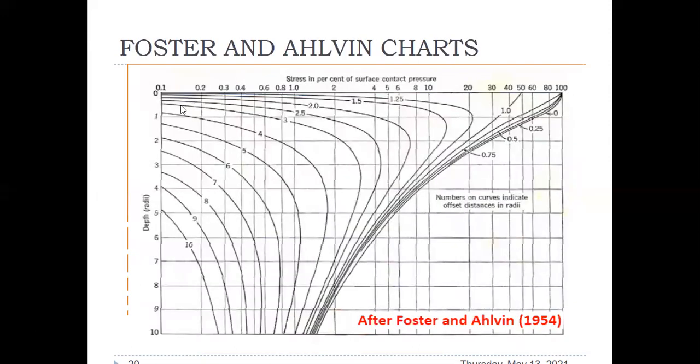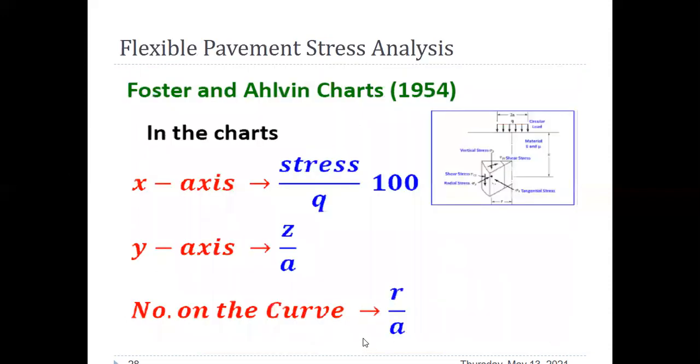This is how the chart for calculation of vertical stress is presented. Again, this is Z over A, and this is the stress you calculate, and this is R over A, as I was explaining here.